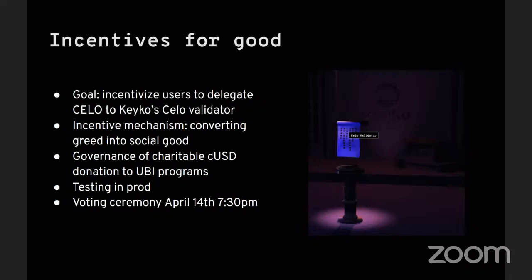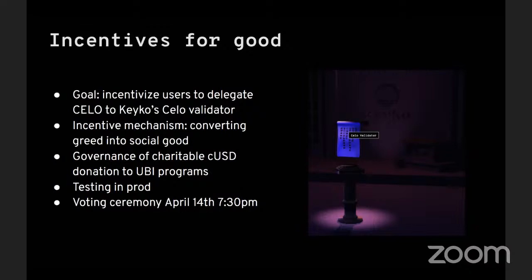For that purpose, we were running a validator for them, and we were thinking about how we can incentivize more users to delegate to our validator, meaning, how can we provide more security to the network? And for running that validator, we are automatically being disbursed cUSD, which is cryptocurrency, by the protocol.